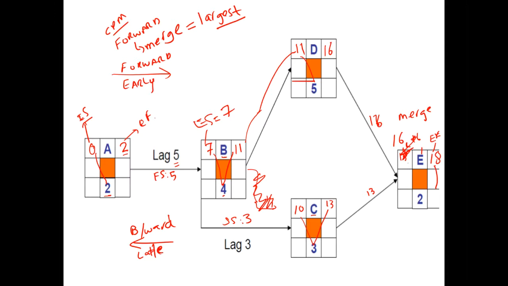The early finish of the last activity becomes the late finish. This box is called late finish, and this box is called late start. So early finish of the last activity becomes the late finish of the last activity, and then we will be doing the reverse process. Previously we were adding, here we will be subtracting. So 18 take away 2 is 16, and then this 16 is carried to the boxes, and then 16 take away 5 is 11.